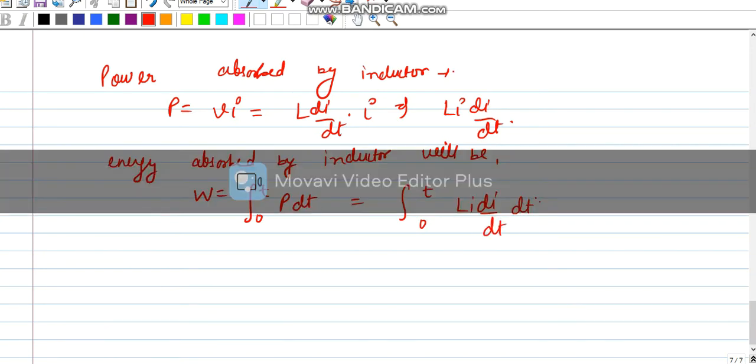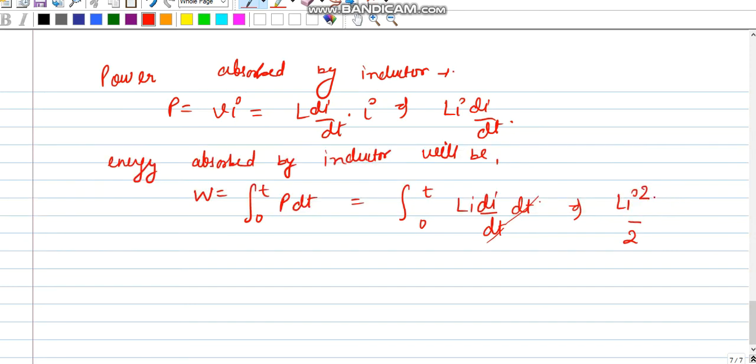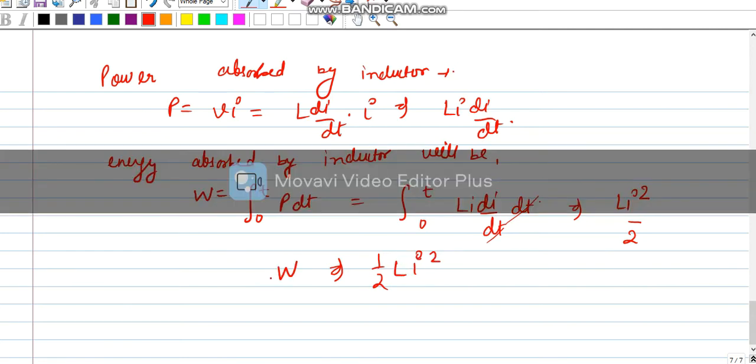The two dt terms cancel out and you get L into the integral of I di, which is I square by 2. So this gives half L I square. This is the formula of energy stored in the inductor.